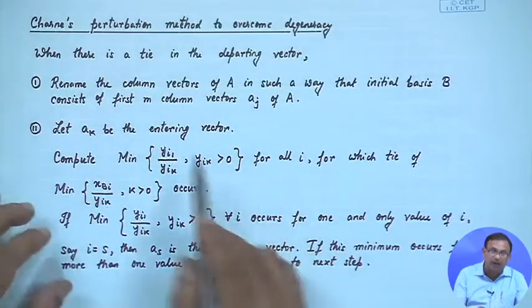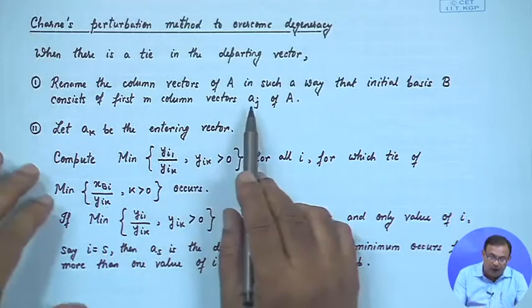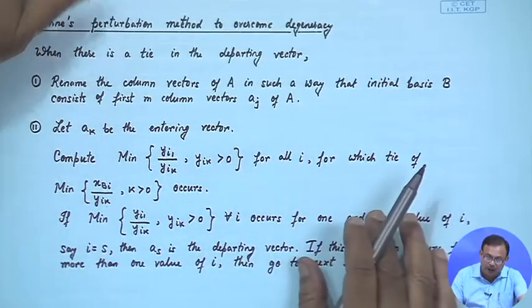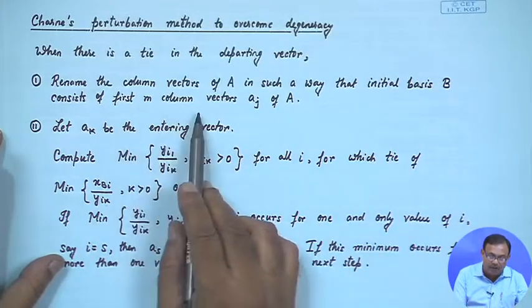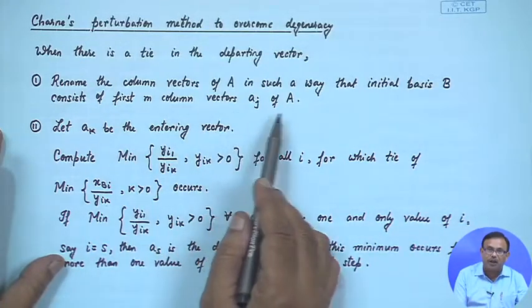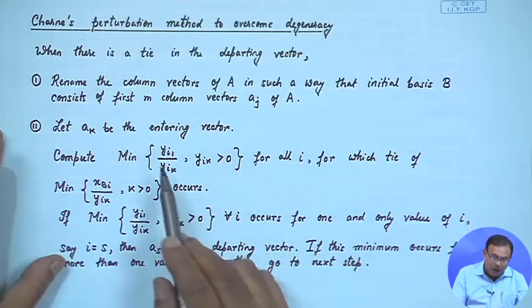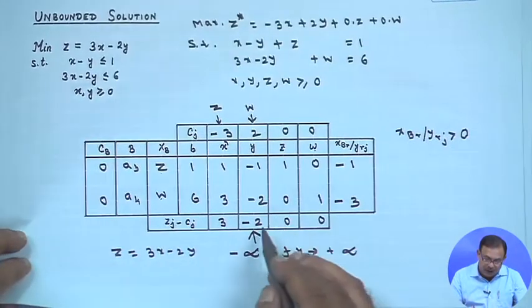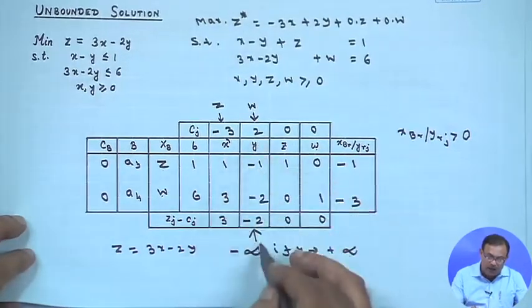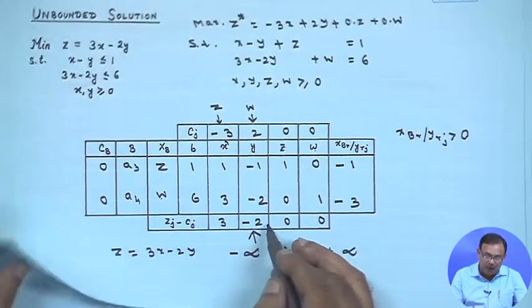Now, let AK be the entering vector. I am giving the example of this. Here your y is the entering vector, which I am calling AK.